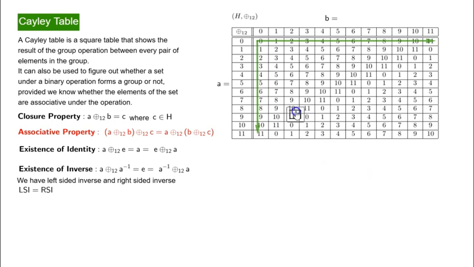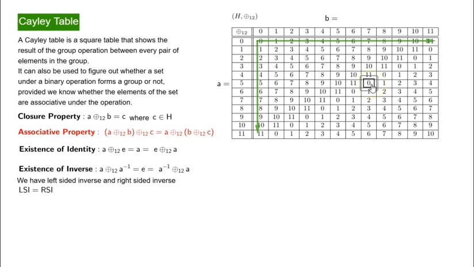Let me randomly put it here, 5. What is the inverse of 5? Just keep going across the row till you reach the identity. Then 7 is the inverse of 5.